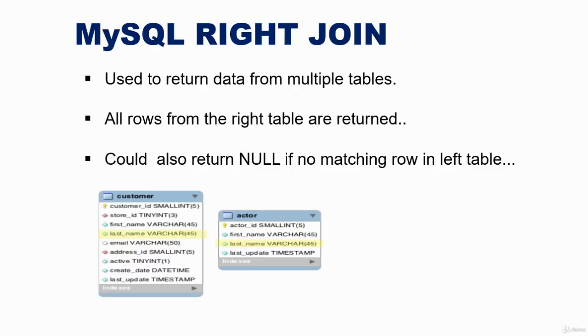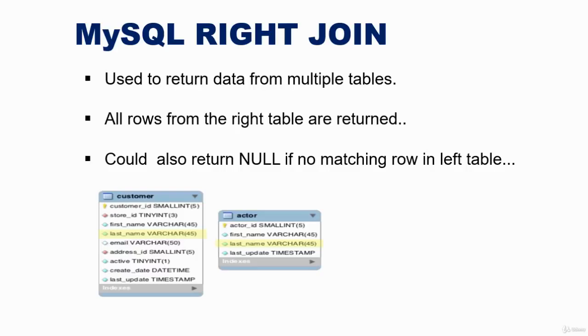Let's take a look at this two table illustration. So let's assume we want to return a list of all the actors from the actor table, and if the actor shares the same last name with a customer from the customer table, we can also display the customer details.